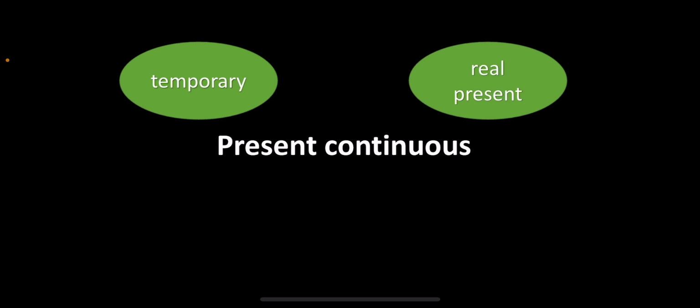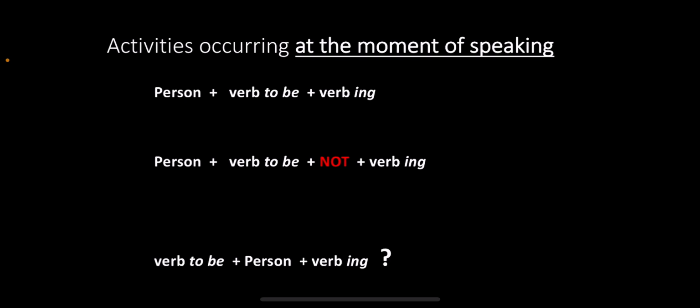Okay, present continuous. How do we form the present continuous, or how can we notice and understand that the sentence is present continuous? Well, the structure for present continuous is that we need a subject, or a person doing the activity, right? Then we need to put verb to be. Remember that we conjugate verb to be depending on the person.